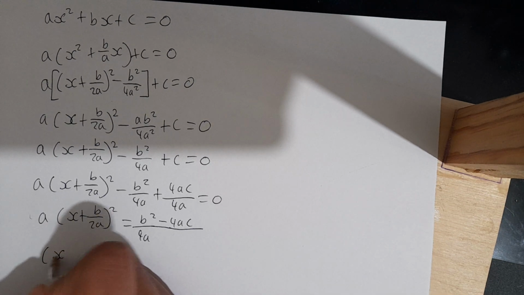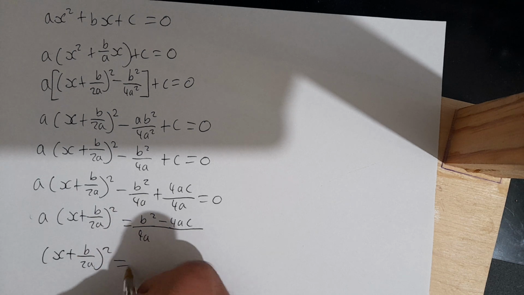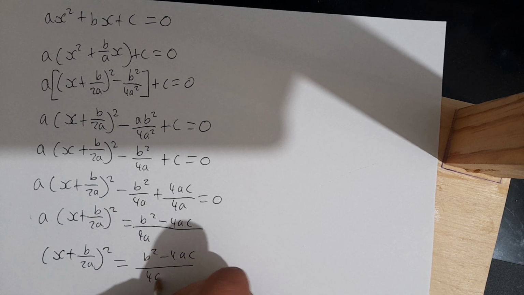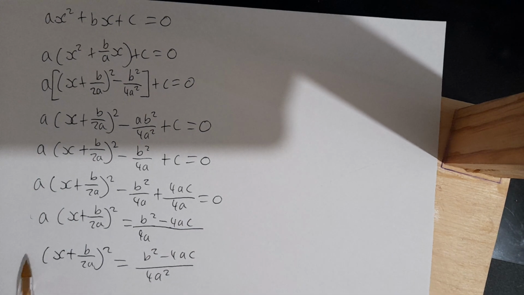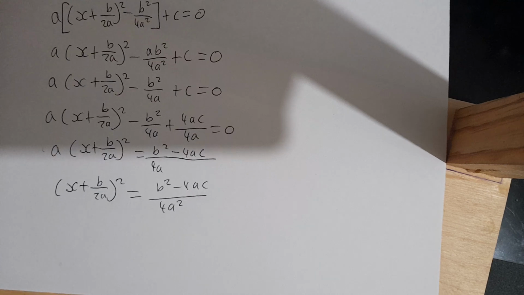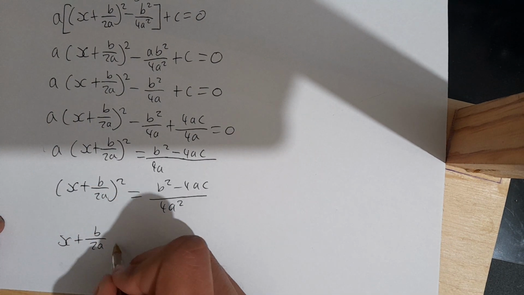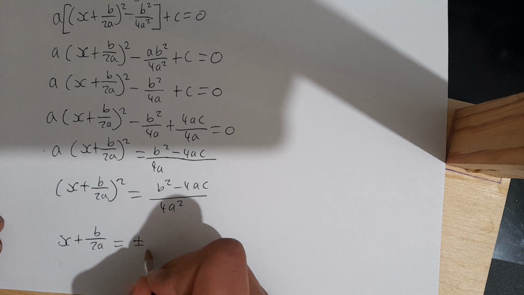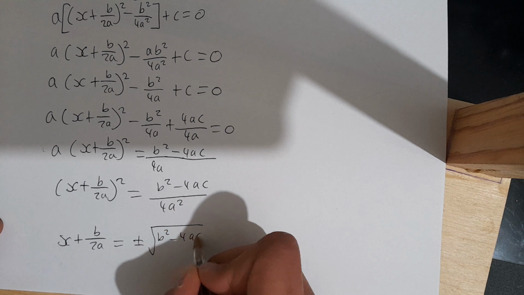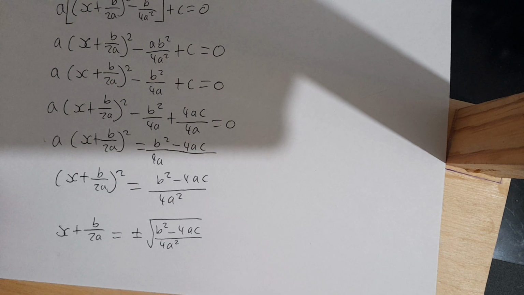So we get x plus b over 2a squared equals b squared minus 4ac all over 4a squared, because we divided this side by a. And now we can square root: x plus b over 2a equals plus minus the square root of b squared take away 4ac all over 4a squared.